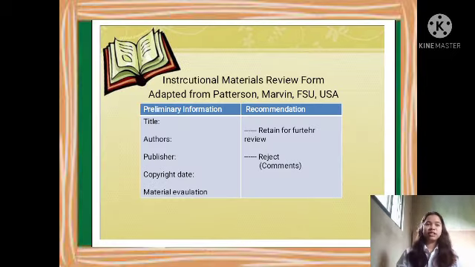So this is the instructional material review form adapted from Marvin Patterson, Florida State University, USA. So in the first column is preliminary information, which includes the title, authors, publisher, copyright date, and material evaluator. In the second column is recommendation, which includes retain for further review and reject or comments.